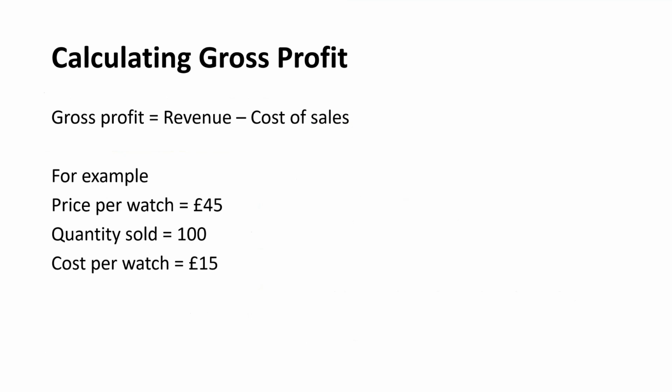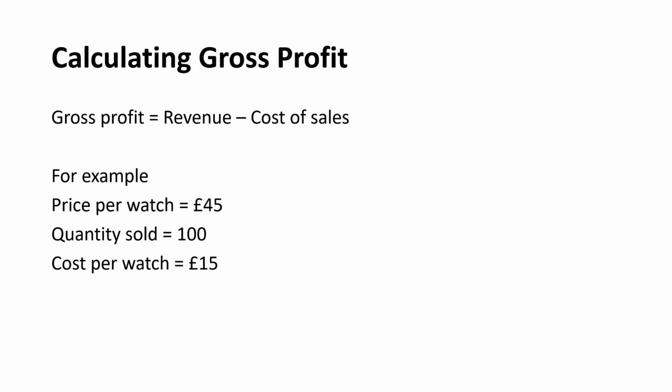Now let's talk about the different kinds of profits. So this is for gross profit. Gross profit equals revenue minus cost of sales. So let's put this into an example. We have a watch company.